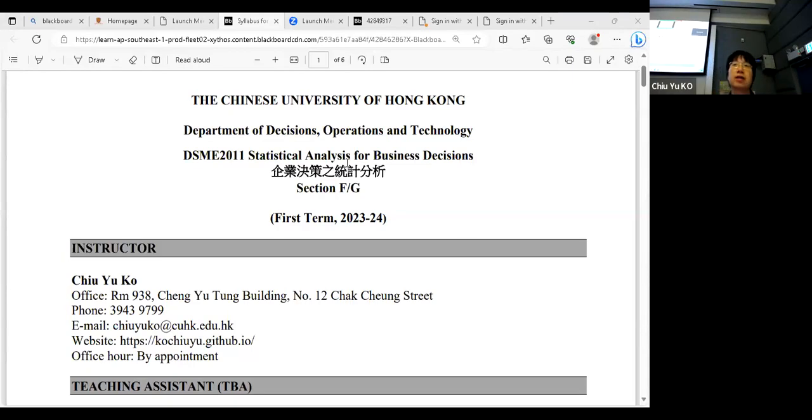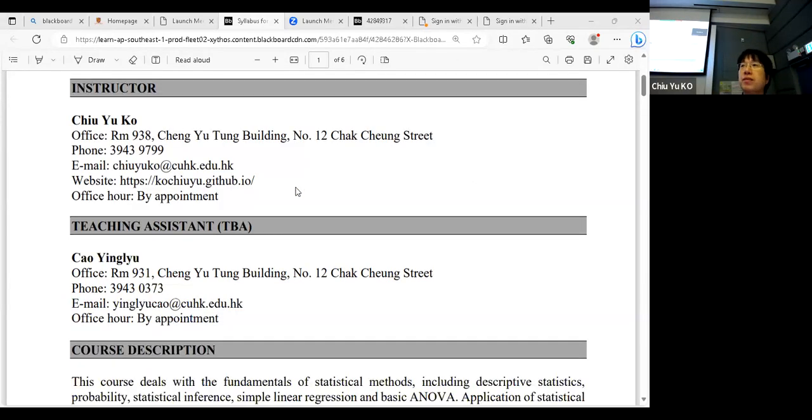This is a statistics class. I think it's required for everyone who does business, so I guess there's not too much choice. I think our TA is not here yet, but he will arrive soon because he's in other sections.